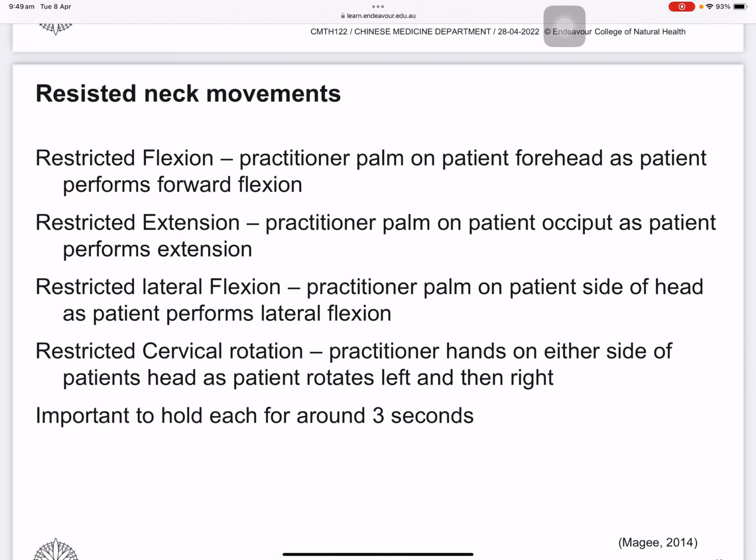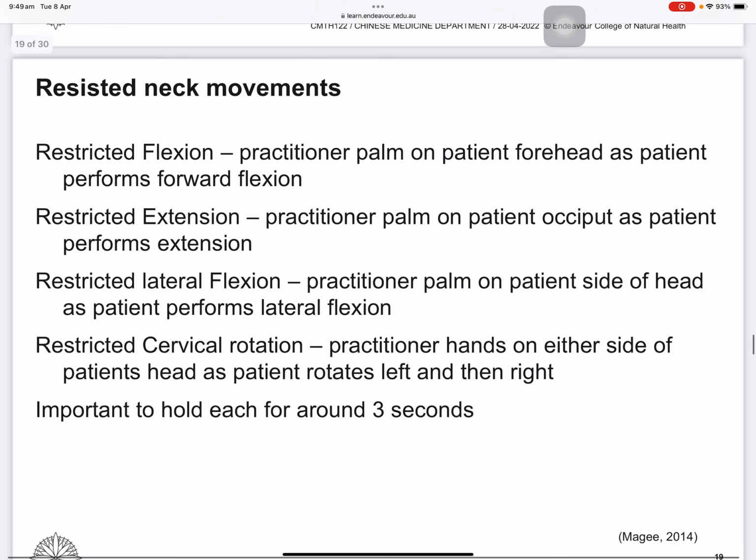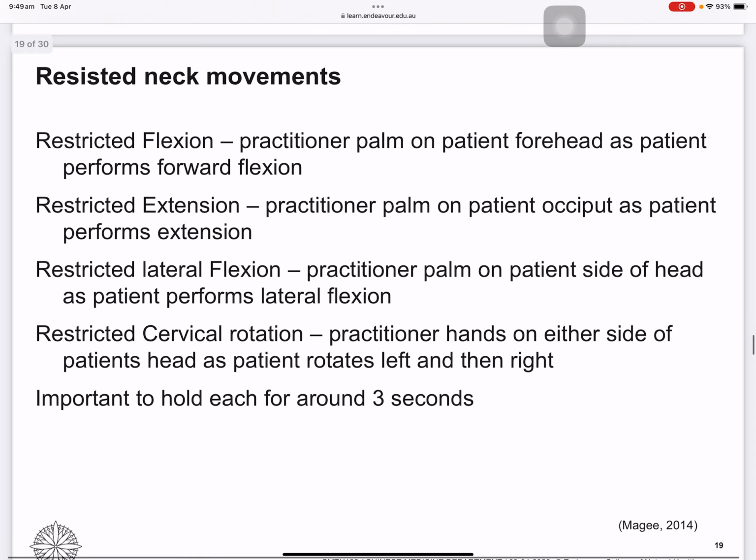If they can easily do the movement, that means the muscle strength is okay. If you put the palm on the forehead and they can't do this posture or it's very difficult, that means their muscle is very weak. The same goes for the extension as well.